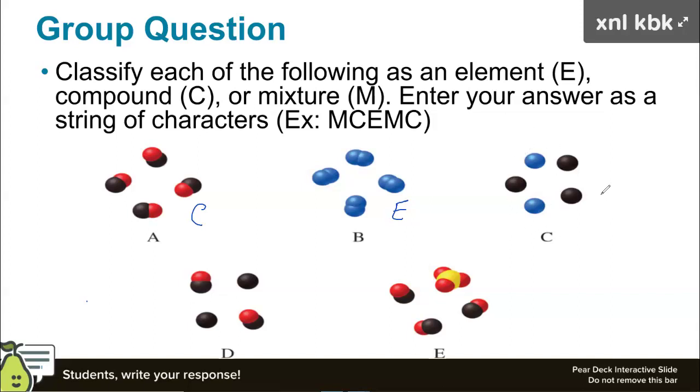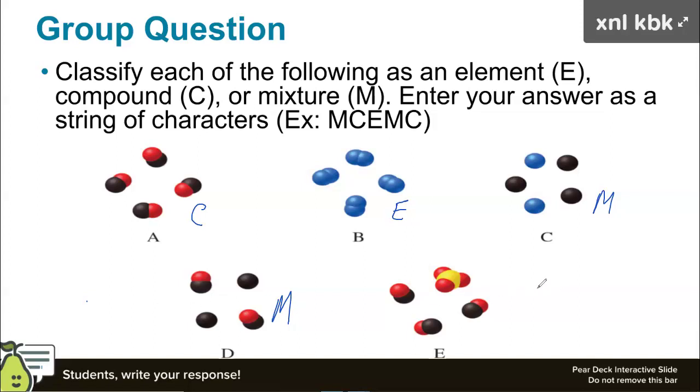Letter C is a mixture. It's a mixture of two different elements, the blue element, which is probably nitrogen, and the black element, which is probably carbon. Letter D is also a mixture. Here I have a mixture of what is probably elements of carbon as well as carbon monoxide, the compound.